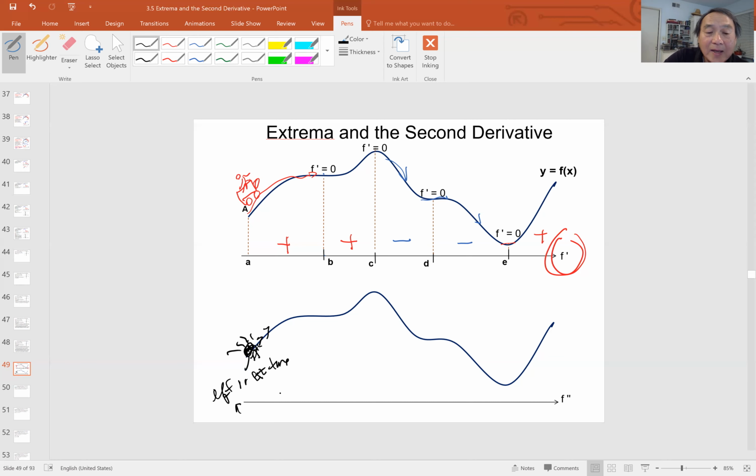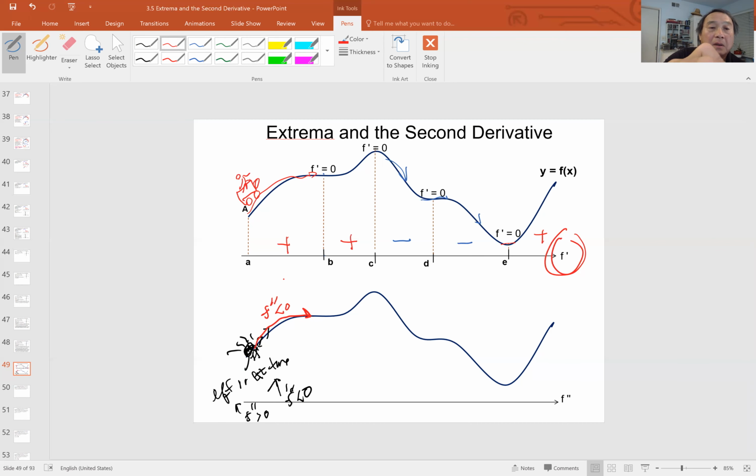If it's making a right turn, that's concave down. If it's making a left turn, it's concave up. So let's start. For this bug, from this stretch up to here, it's making a right turn. So it's concave down.